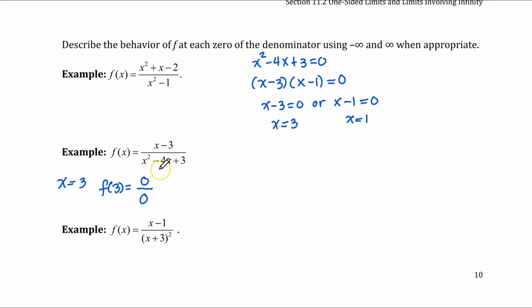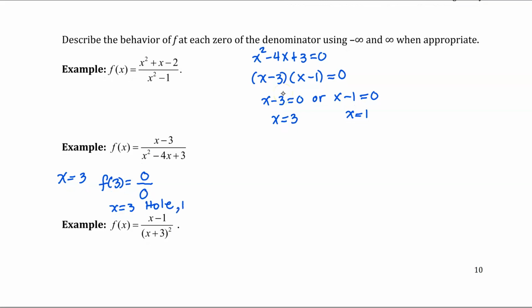If I plug this into the denominator, it is 0, and it would also make your numerator equal to 0. If you have a 0 over a 0, that means that at x equals 3, we have a hole on our graph and not a vertical asymptote.